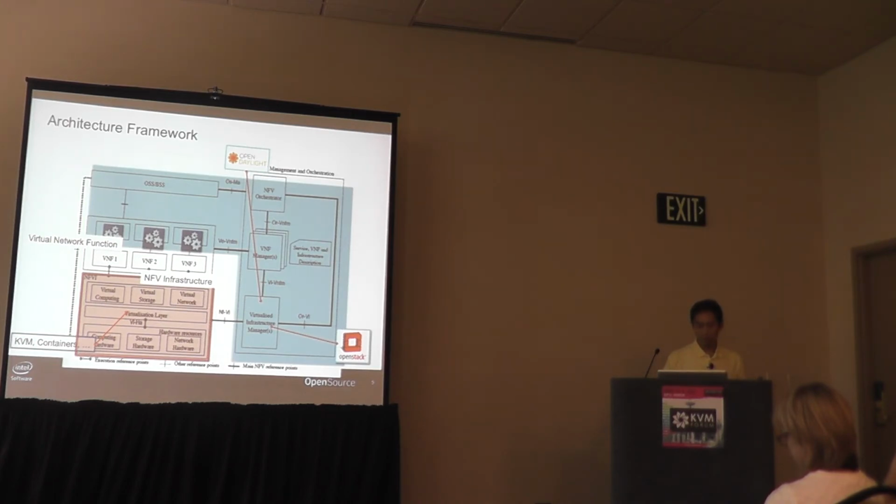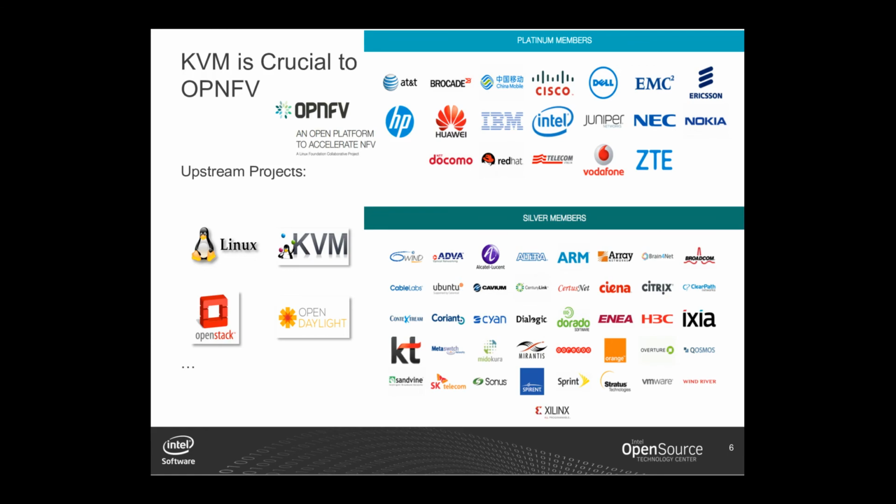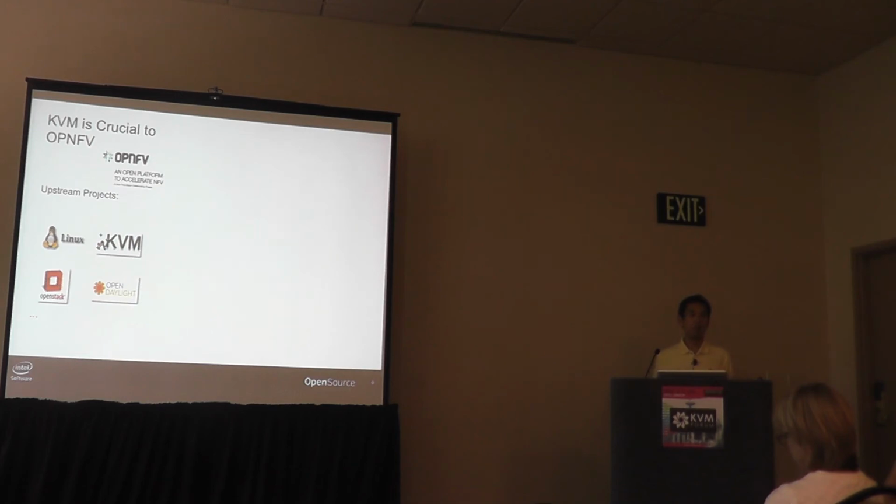With that, to accelerate NFV adoption, last October the OPNFV consortium was established. KVM is crucial to OPNFV because OPNFV depends on upstream projects: Linux, KVM, OpenStack, and Open Daylight.